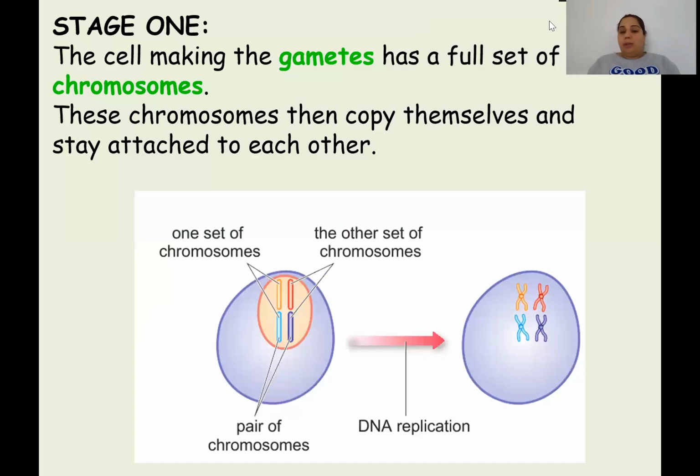These chromosomes then copy themselves and stay attached to each other. So that's going from those single chromosomes here to these X-shaped chromosomes. They're still called chromosomes, but they look slightly different in that this has replicated itself to look like that. Again, that one's replicated itself to look like that, and so on. Okay. So again, stage 1.